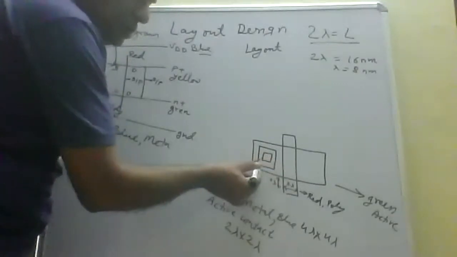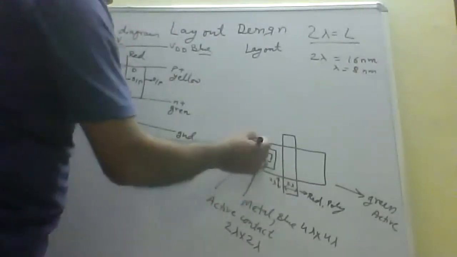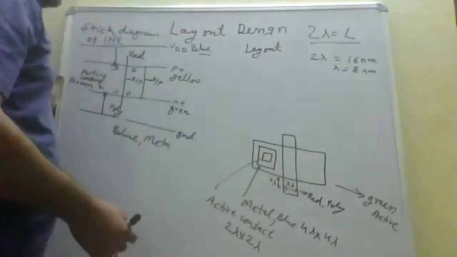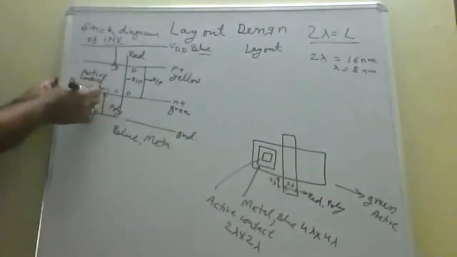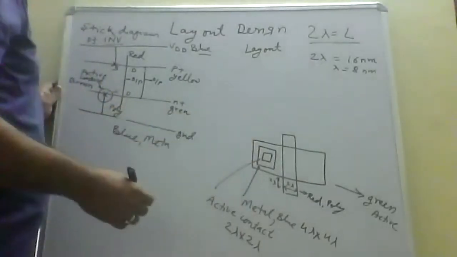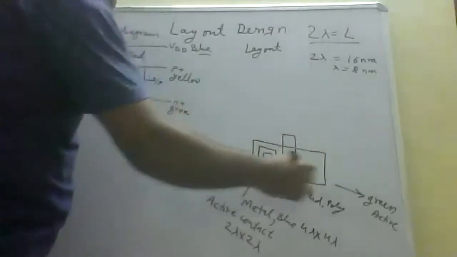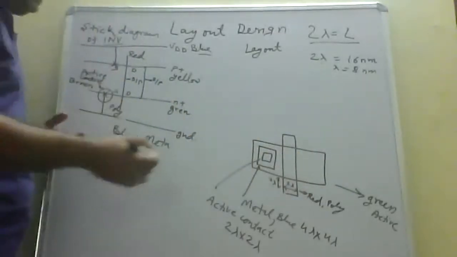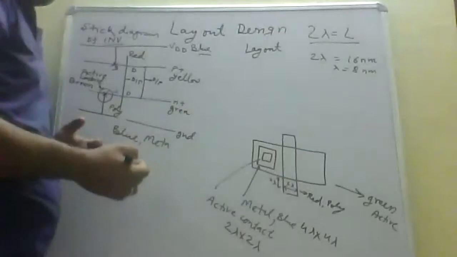So this will be total 4 lambda. This 4 lambda by 4 lambda metal contact is required to make this connection. In a stick diagram, we use simply a cross, but here we have to draw this because this active is a different material and this metal is a different material. That's why this block is required.